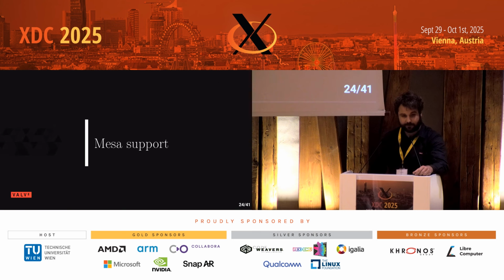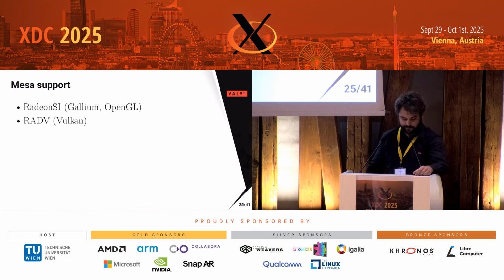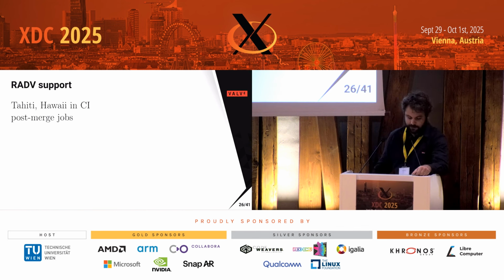It's kind of the same story with Mesa, where we have these two drivers, RadeonSI for OpenGL and RADV for Vulkan, and both already support these GPUs and have for a long time. But is it really useful if the kernel doesn't support RADV, for example, by default? So I was looking into what kind of issues we still have with them.